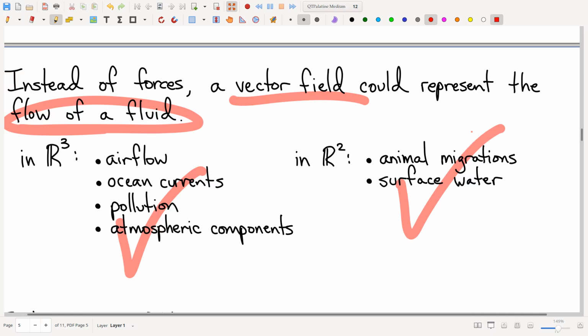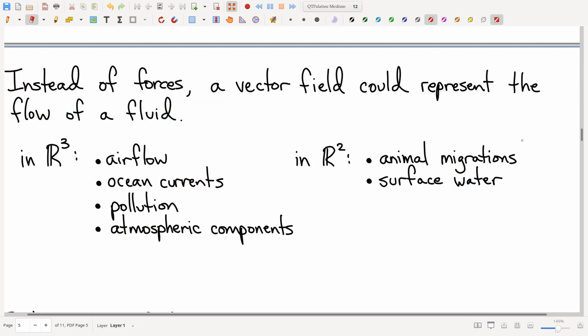Pretty natural. I like to point out there's other examples. The one that I think is most worthy of observation and discussion is in 2 dimensions. If you think about animal migrations, now you might say to yourself right off the bat, animals are not a fluid. If I have a herd of zebras or whatever, there's a bunch of individual animals there. The herd is not a fluid.